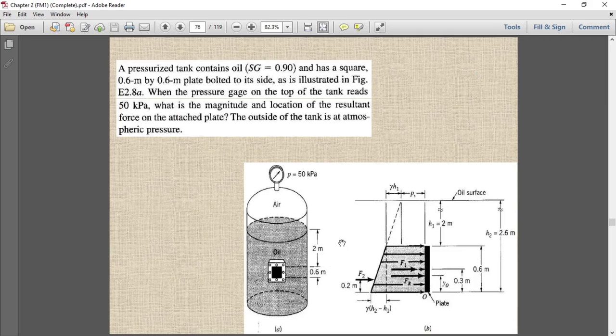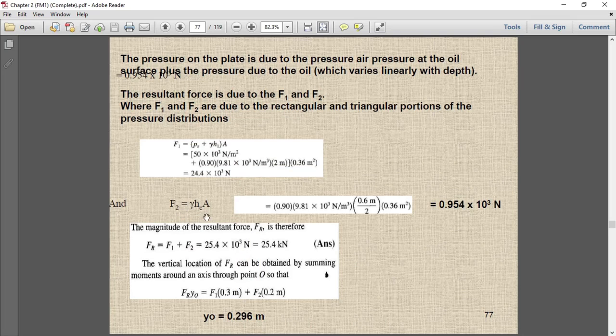In this case, it is 1/3 of the height of the prism. The height of the prism is 0.6, divided by 3, so we end up with 0.2. This is the location of F2, and the magnitude of F2 is going to be gamma into HC into A.